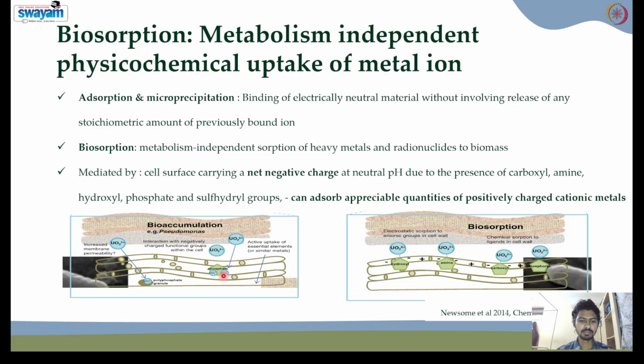Once it is adsorbed, uptake of these heavy metals takes place. So first adsorption, followed by bioaccumulation. So this is the major difference between bioabsorption and bioaccumulation, where bioabsorption is a surface phenomenon where heavy metals will be attaching onto the surface only. Whereas in bioaccumulation, the heavy metals will be accumulating inside their cells.